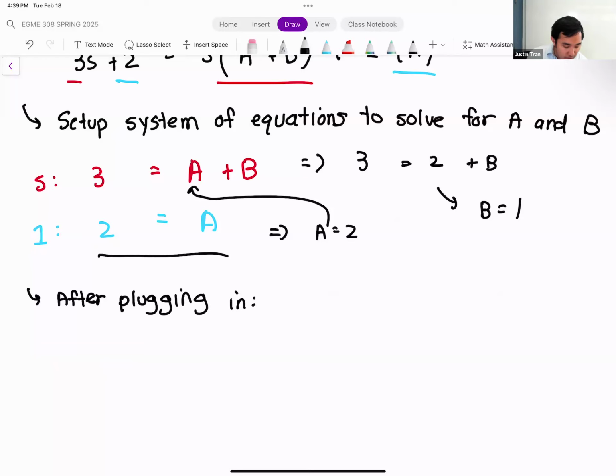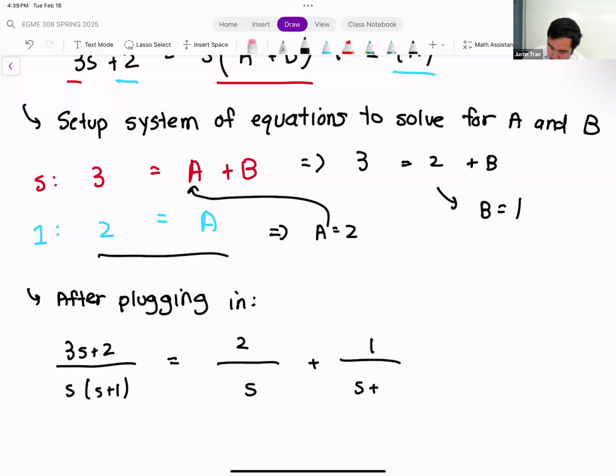After plugging in those expressions, we get the following: 3s plus 2 divided by s times s plus 1 is equal to 2 over s plus 1 over s plus 1. So that is the partial fraction decomposition of that fraction.